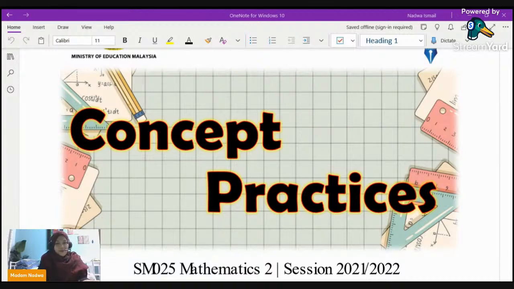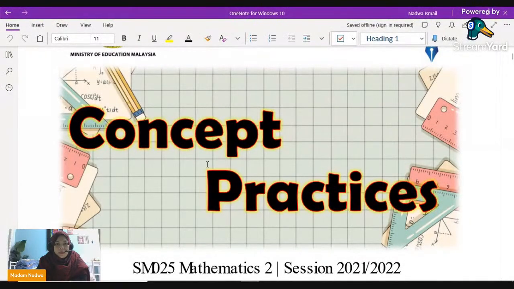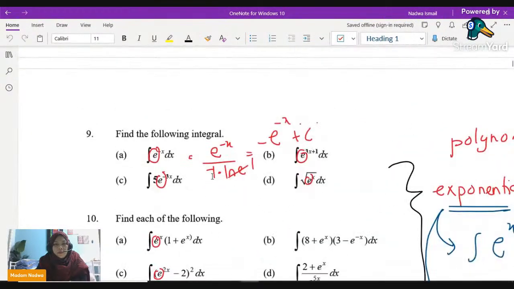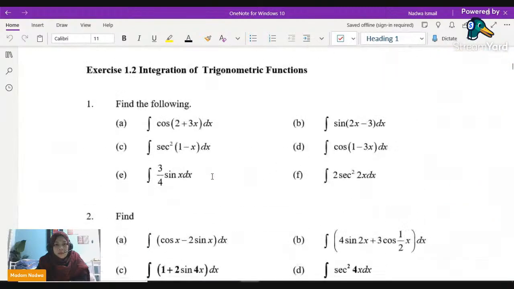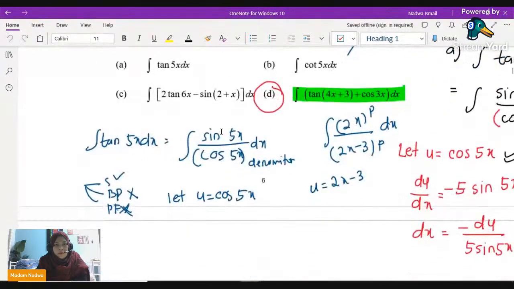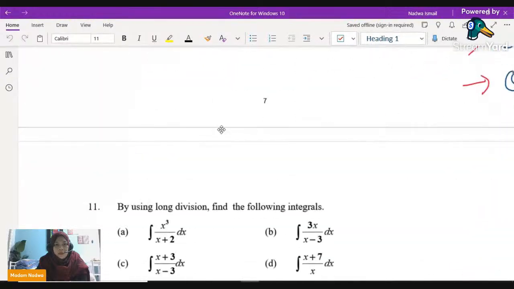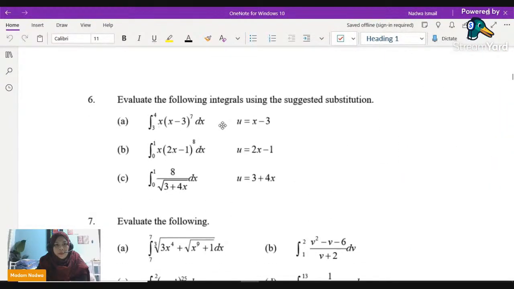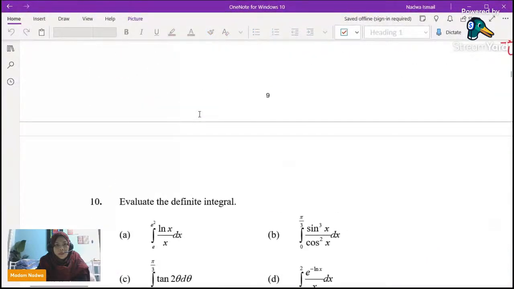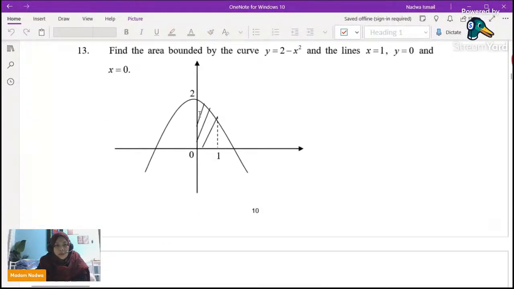Alright, so let's just start with our concept practice exercise. I'm planning to discuss question 14, as I said just now, 18 and 21 from 1.4. So question 14 is about area. So we will see how to do question on area.